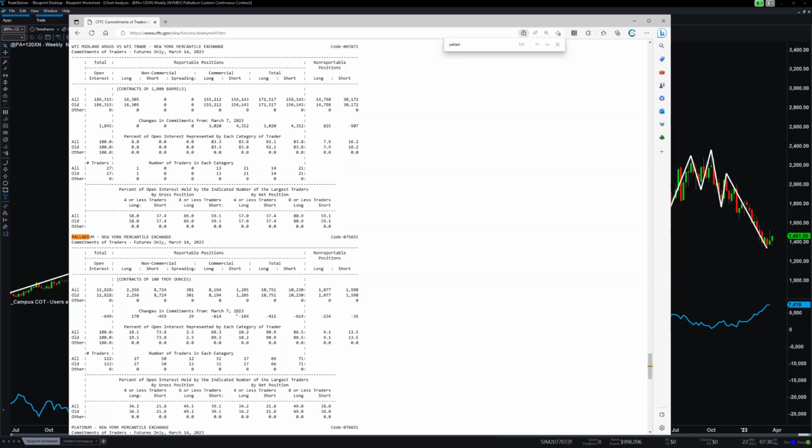So if I was to subtract the 614 from the 8,194, and if I was to subtract the 184 from the 1,205, and then again I'm subtracting the result here, the prior longs versus the prior shorts, then exactly I would fall within the 7,419 contracts. And so we know, okay, this is from last week. It seems like March 14th is not yet baked into this indicator.